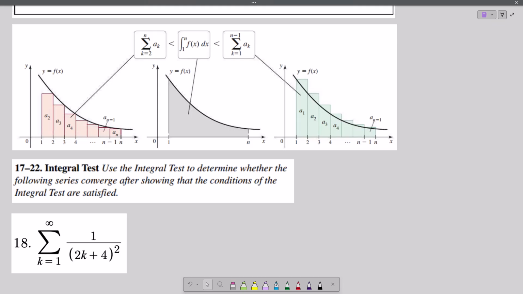And if we use the same n minus 1 rectangles, but shift them, instead of using the right endpoint, we're going to use the left endpoint. So it's a left endpoint approximation. We still have n minus 1 rectangles, but those n minus 1 rectangles overestimate the integral from 1 to n.